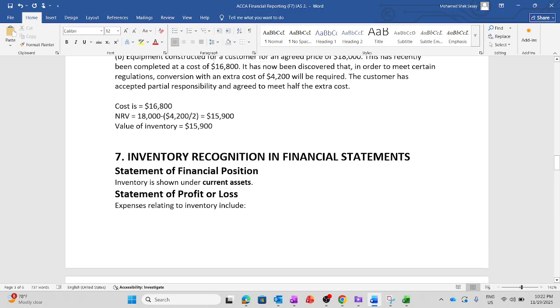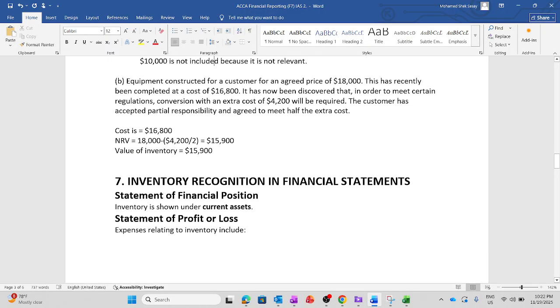The lower of cost and net realizable value, especially when it comes to the cost, you need to know the components that should be included as part of the cost of the inventory and the components that should not be included. Very important concept that you need to know.